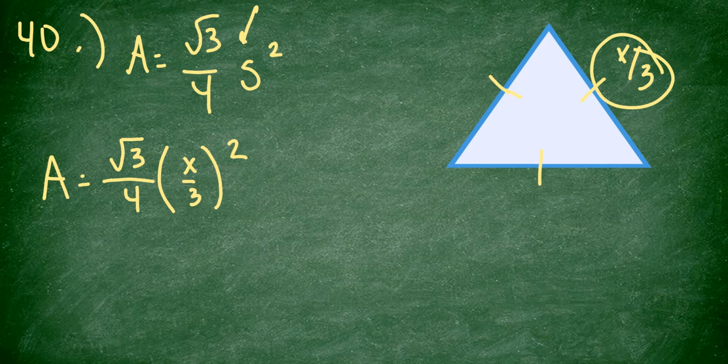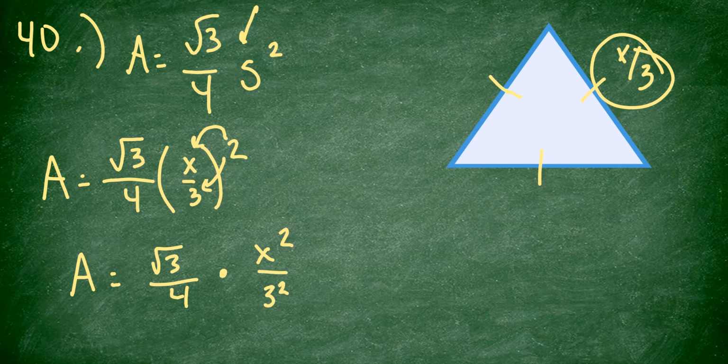Now, if you ignore all this, that x over 3 squared looks like something we did in part 1. So we're just going to do that. I'm going to take the 2 to the top and the bottom, and this can become area equals radical 3 over 4 times x squared over 3 squared, which is 9. I'm just going to simplify this a little bit.